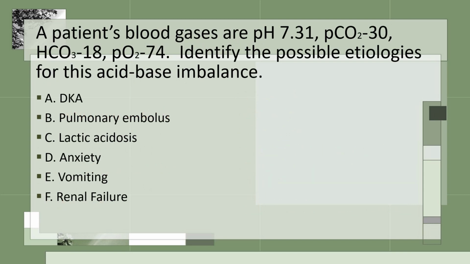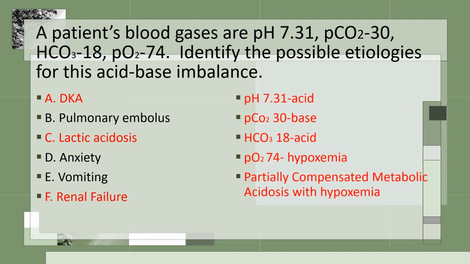So this question is asking you to identify the acid base imbalance and then identify the possible reasons for it. In this particular problem, we'll do it together. The pH is 7.31, and that's an acid.